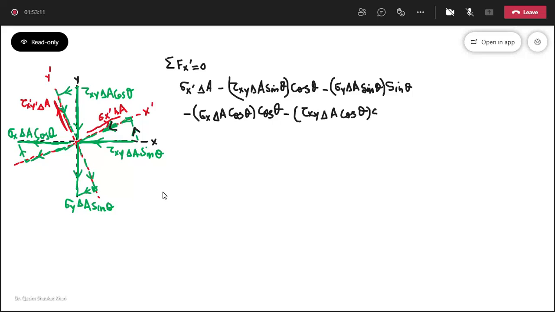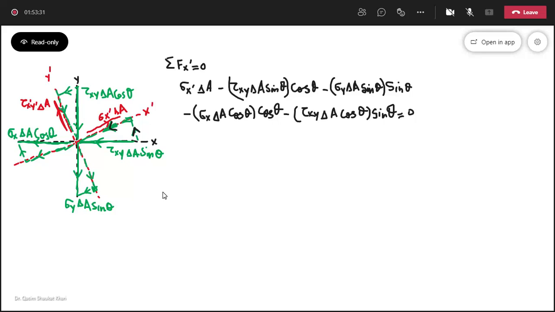Sin theta. And the sum of all these forces should be equal to 0.